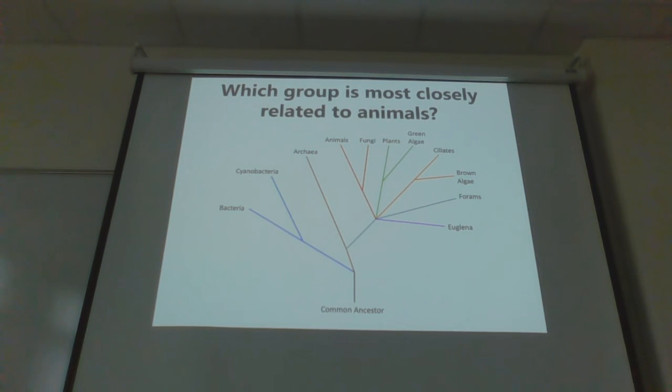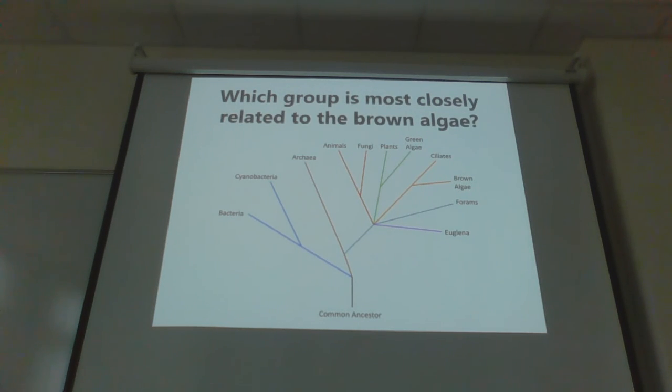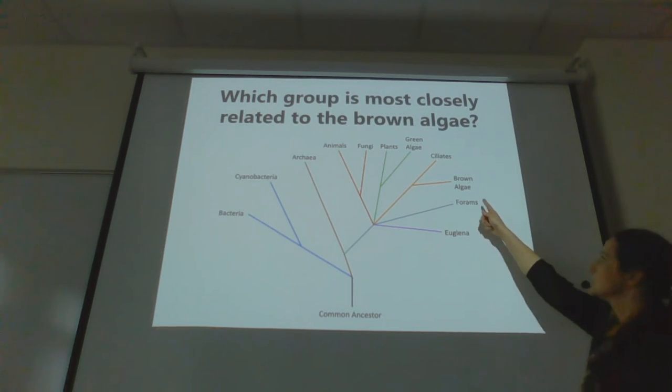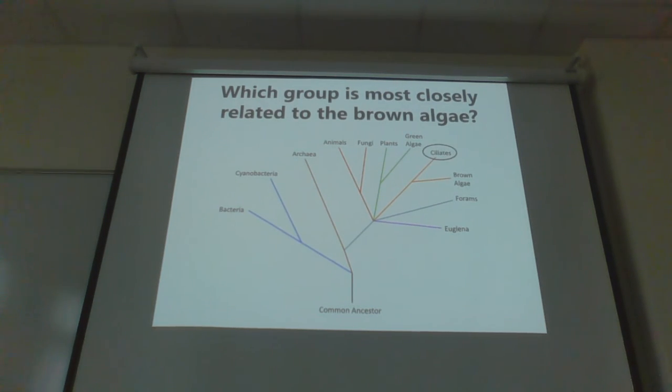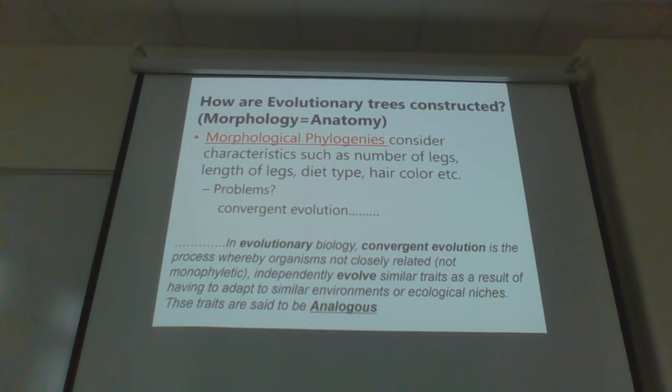Yeah, so it's fungi. Okay, let's do another one, brown algae. Ciliates. All right, so that's how we read phylogenetic trees. You got it.